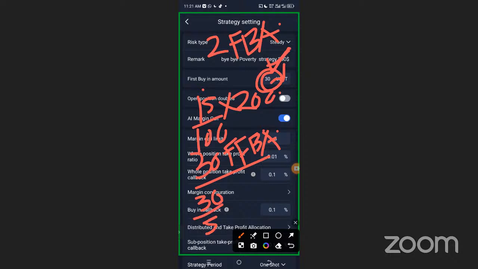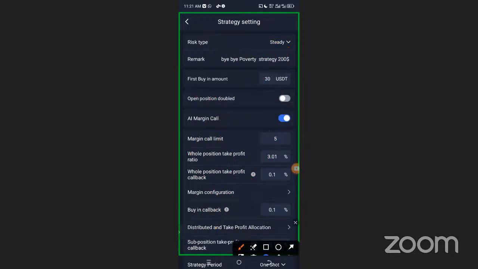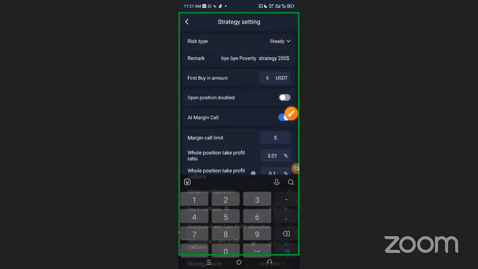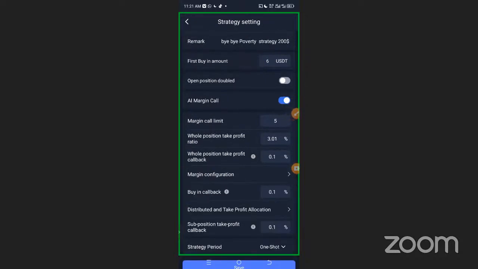And 5 is the number of margin calls, giving you 6. 6 is the second first buy-in amount. Meaning that after the robot buying this coin using $30, change from $30 and you put $6.